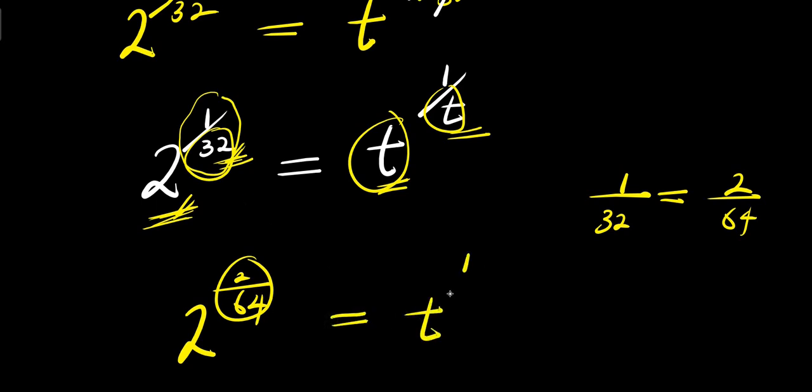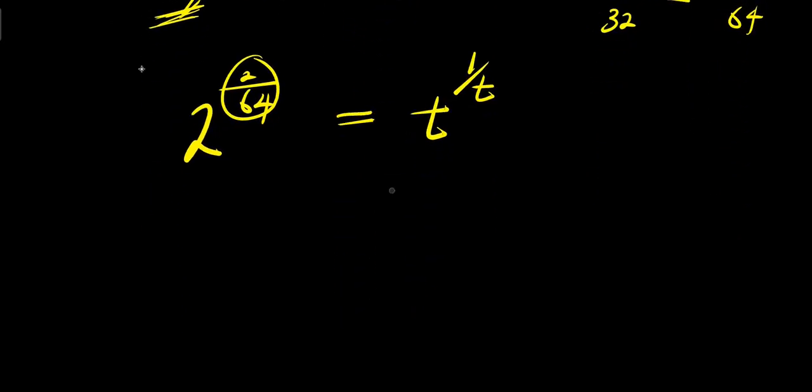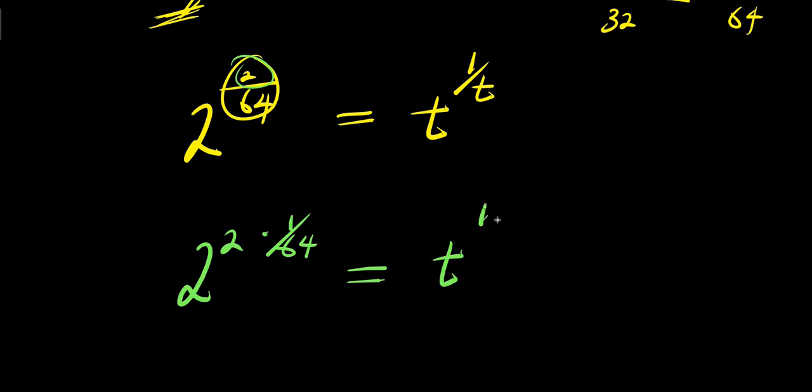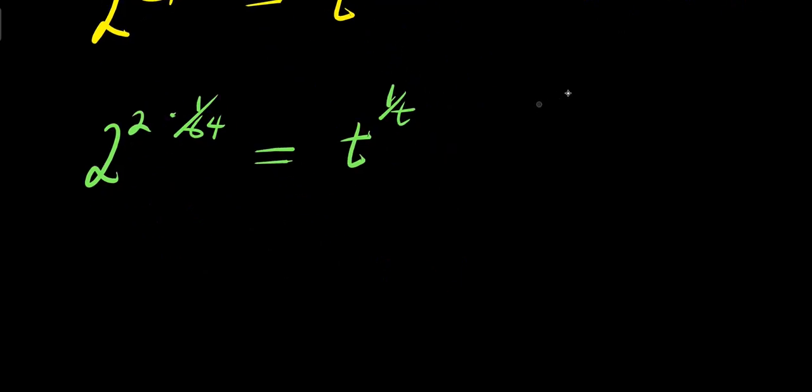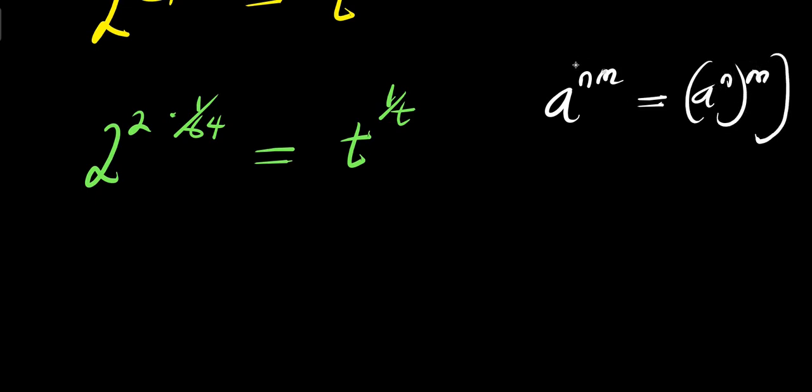And this equals t power 1 over t. Now at this particular point, we can factor out these 2. We have 2 power 2 times 1 over 64 equals t power 1 over t. Now, if you have a power n times m, this equals a power n raised to the power of m.